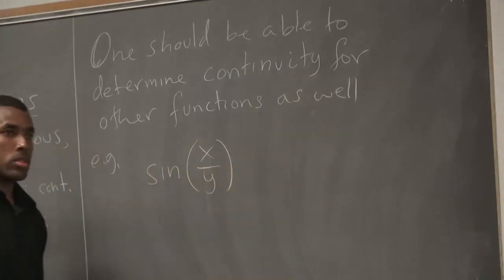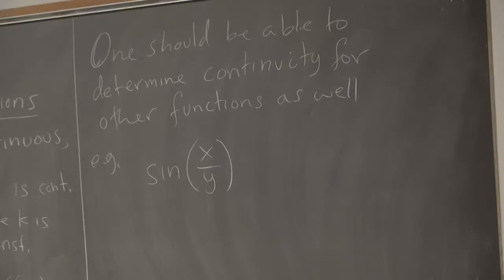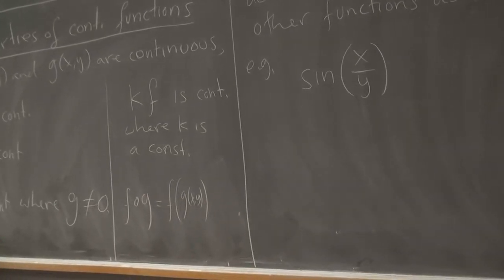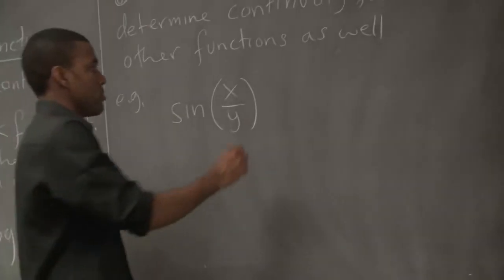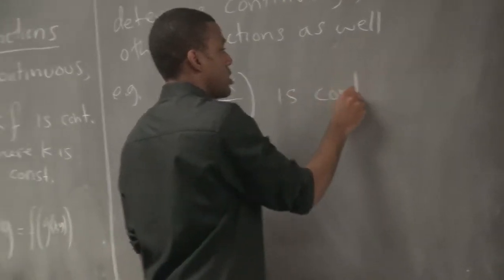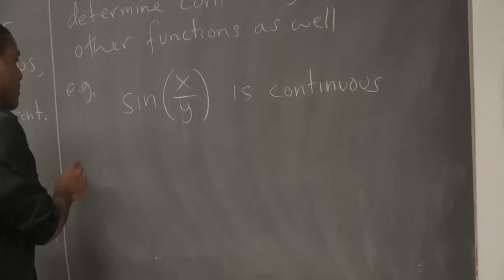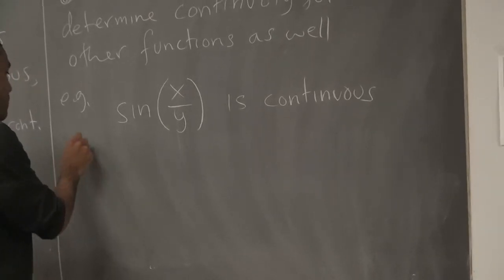Like if I give you such a function, right? It's not a polynomial, it's not a rational function either. It's a trig function where you plug the rational function into the argument. Where is this continuous? y is not 0.